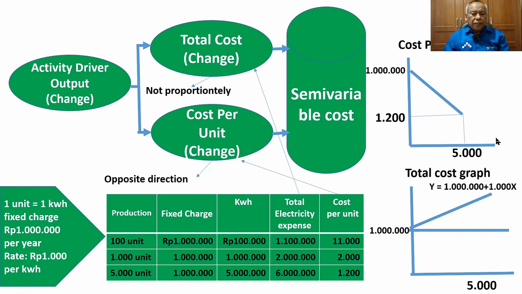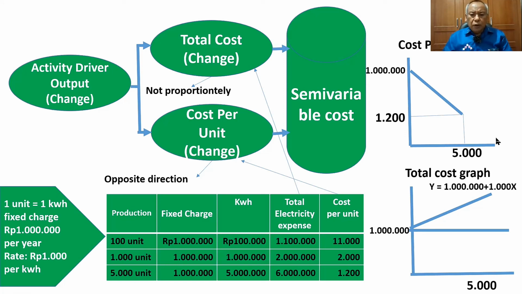And then fixed costs in total remain constant in the relevant range regardless of the changes of the activity driver output, while the cost per unit changes in the opposite direction. And then semi-variable costs, in total and per unit, change with the changes of the activity driver outputs.